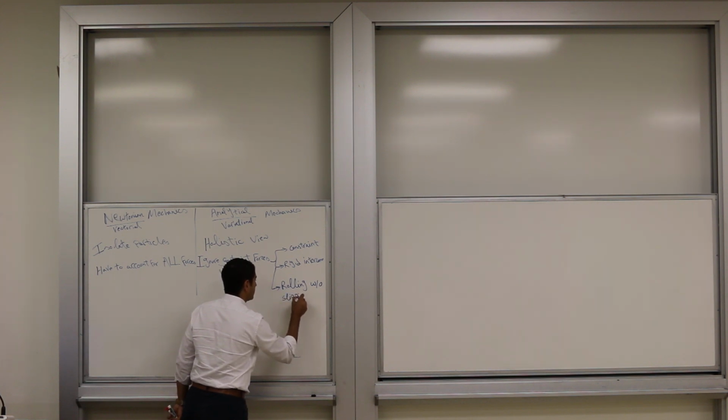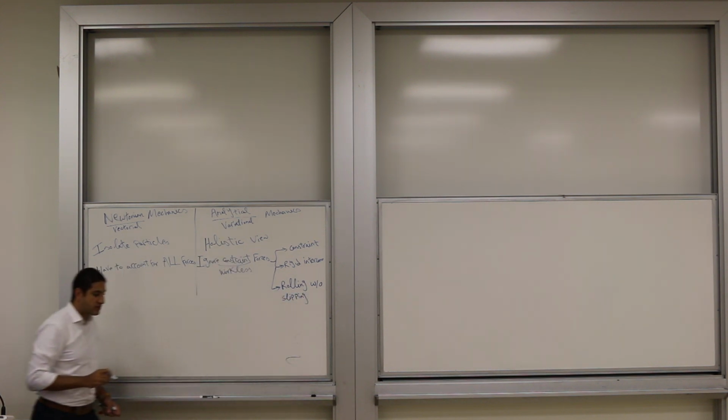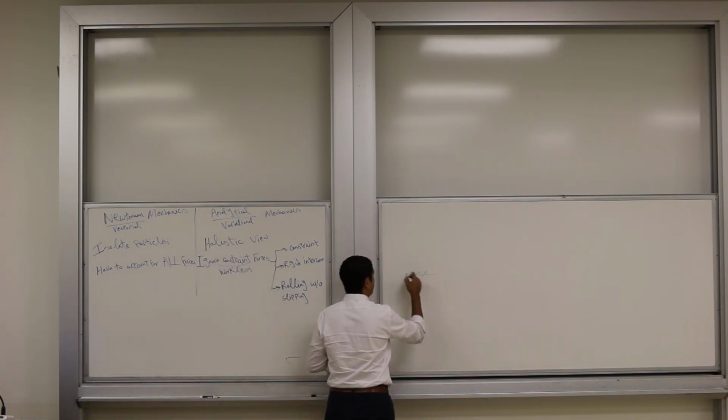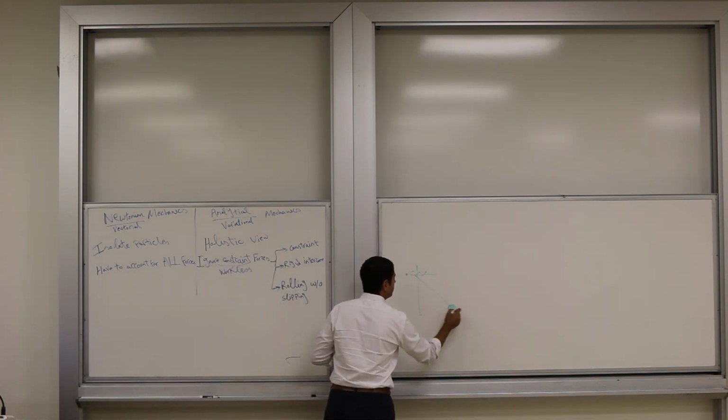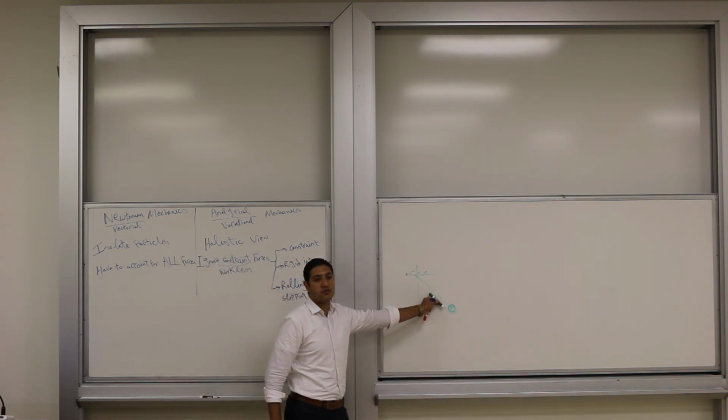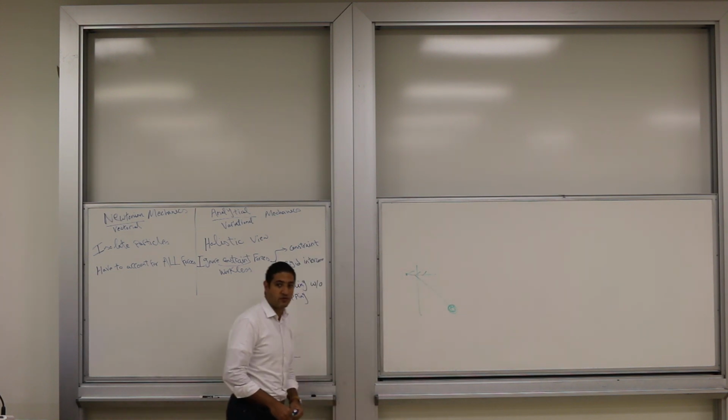Because think about it. These constraint forces, for example, when you have a pendulum, this force does not affect the motion. The force of the rod of the pendulum or the string doesn't affect the motion.